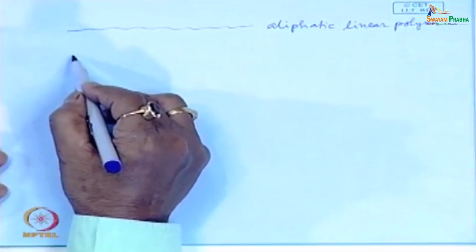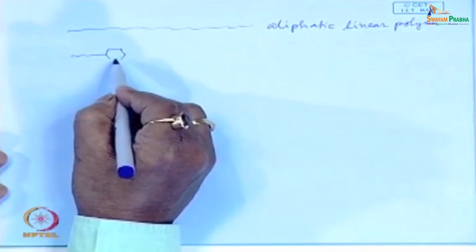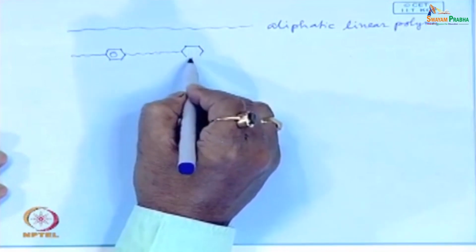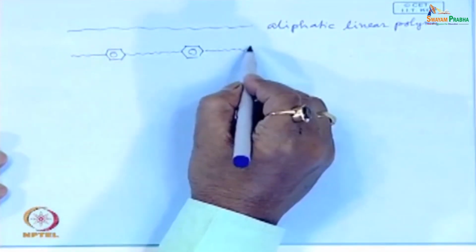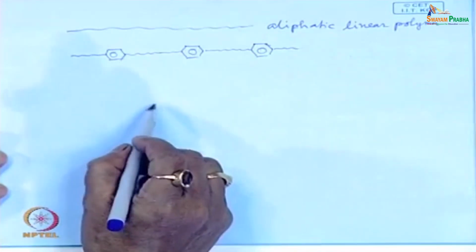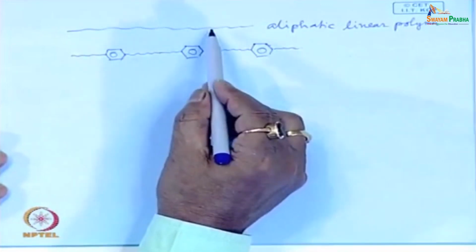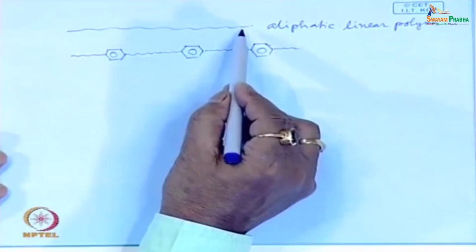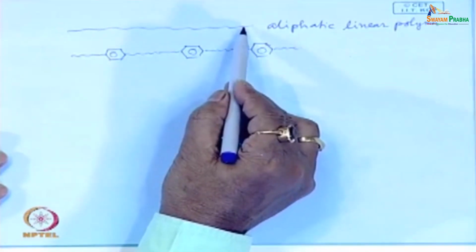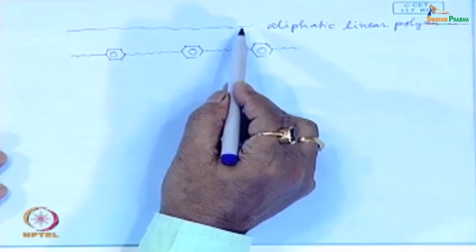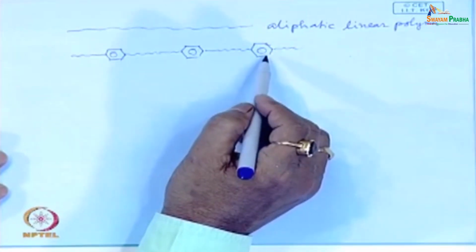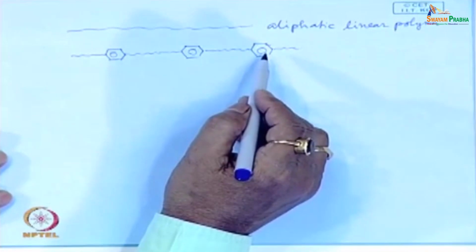Now, along with these aliphatic units, if you have some aromatic rings placed after certain intervals in the length, then their property changes. This is mechanically stronger than the linear polymer, and thermally more stable. So, what we have got? Improved mechanical properties, higher thermal properties.